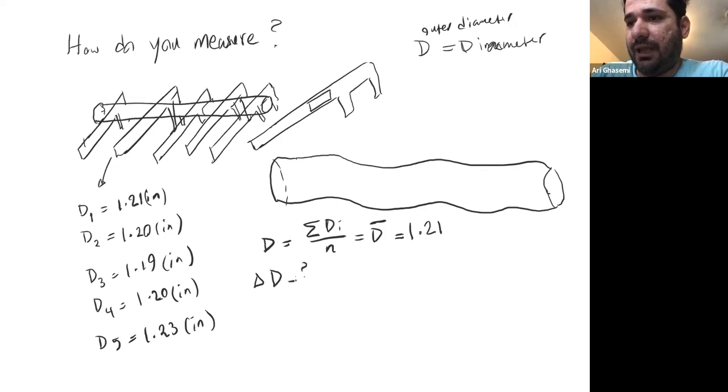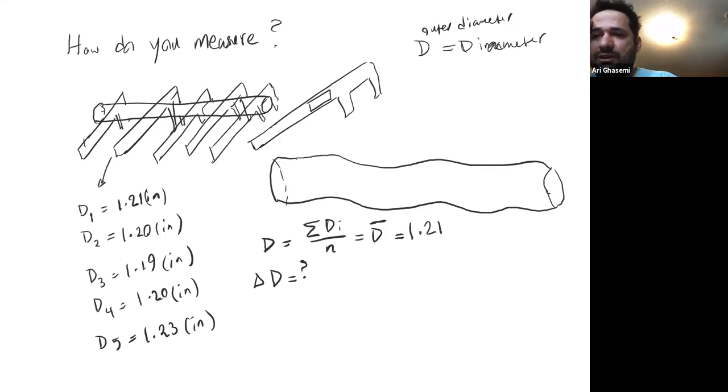So how can I find that? Well, the first thing you may say is a standard deviation. Okay, that's absolutely right. It's used in a lot of labs and it's very standard. So what they do is find the standard deviation of the set of data. But the way we do it in this lab is even easier than that.